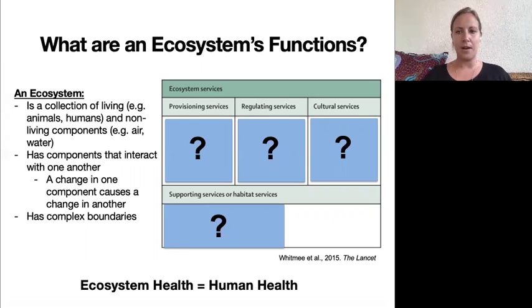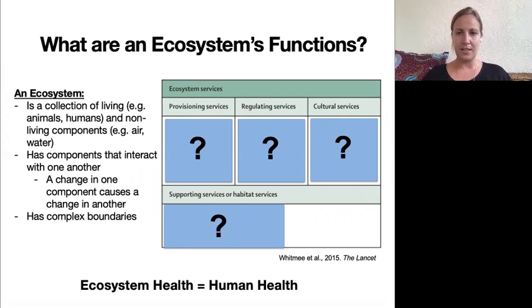So you would have read about some of these ecosystem services in the Lancet paper, but let's quickly review them. They are the benefits provided by ecosystems that contribute to making human life both possible and worth living.